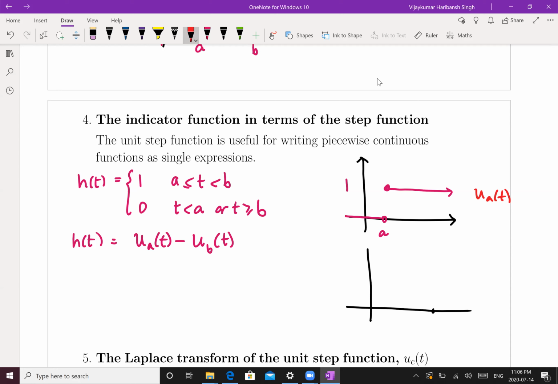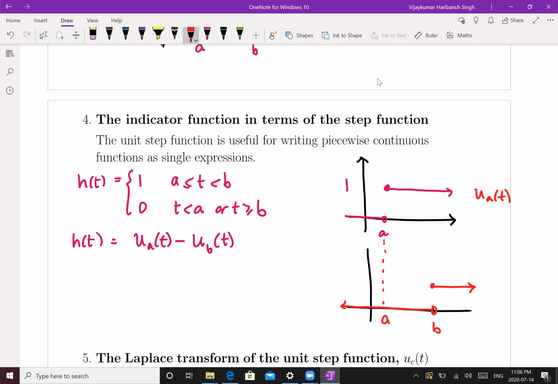After b it is 1, but before b it is 0. So your a is here, your b is here.